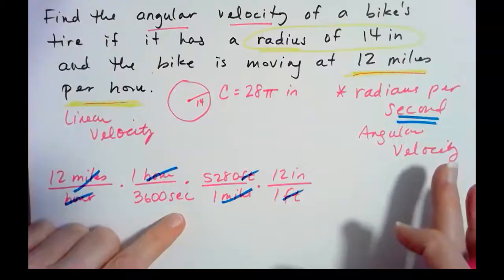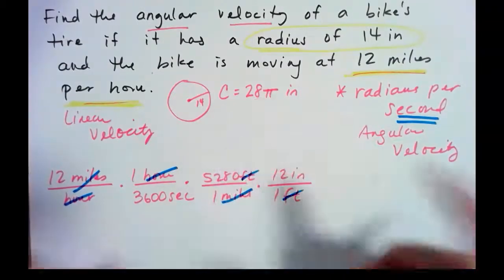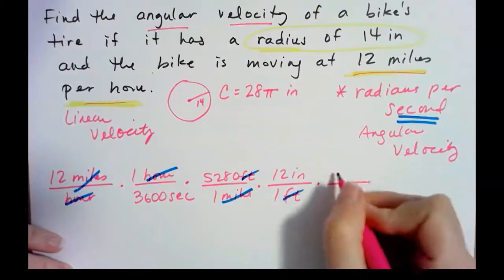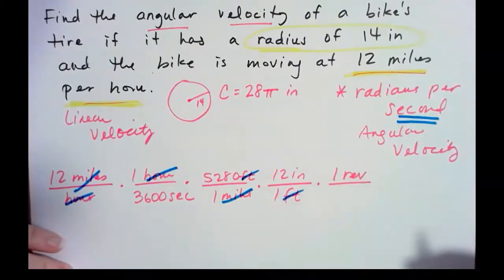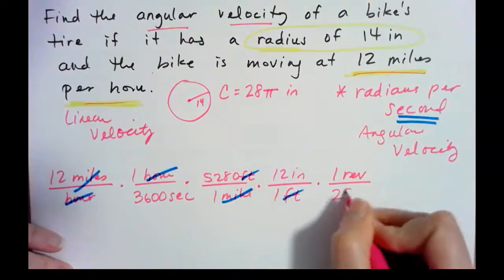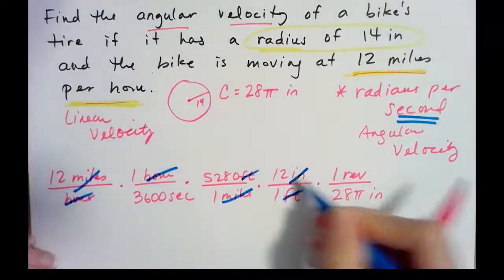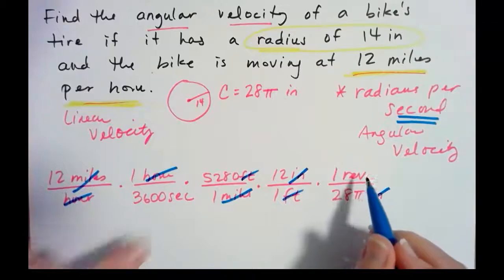We're trying to change it over to an angular velocity. This is where the circumference comes in. 1 revolution of the tire is equal to the circumference of the tire, which is 28 pi inches. So inches cancel. We've got revolutions over second.